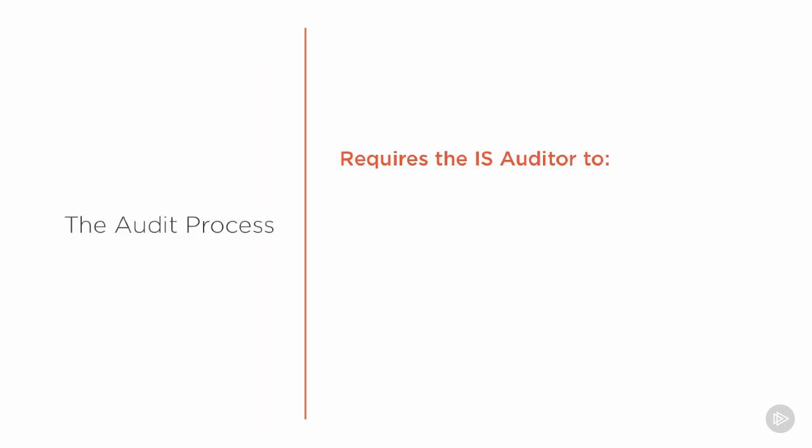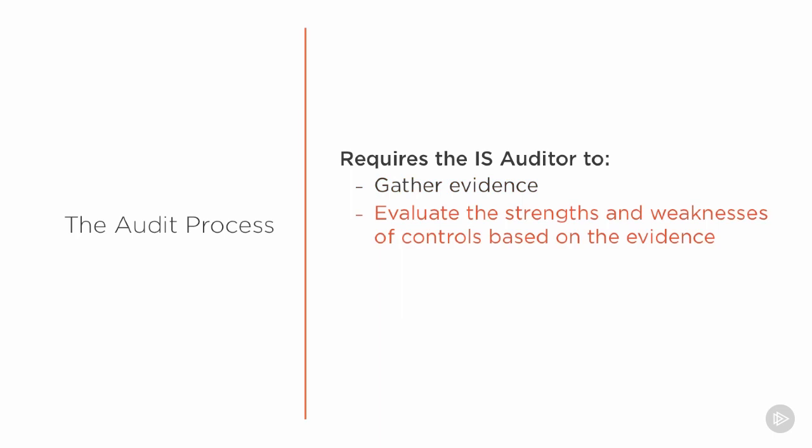The audit process itself requires the auditor to gather evidence. Once we have gathered the evidence, we will use that to evaluate the strengths and weaknesses of the controls in place to protect the information systems based on that evidence.